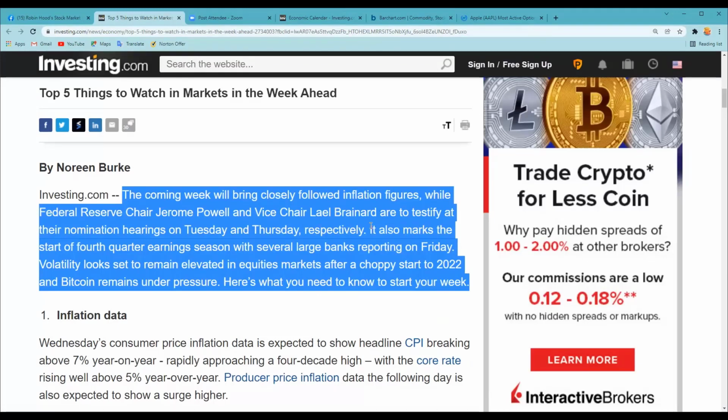It also marks the start of the fourth quarter earnings season, with several large banks reporting on Friday. Volatility looks set to remain elevated in equities markets after a choppy start to 2022, and Bitcoin remains under pressure. Here's what we need to know to start our week.